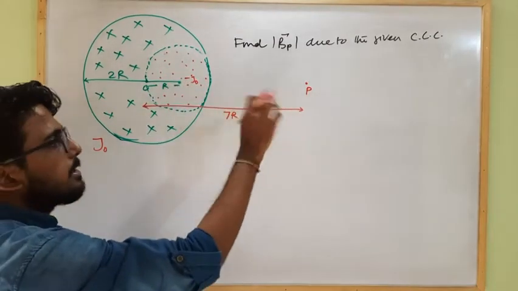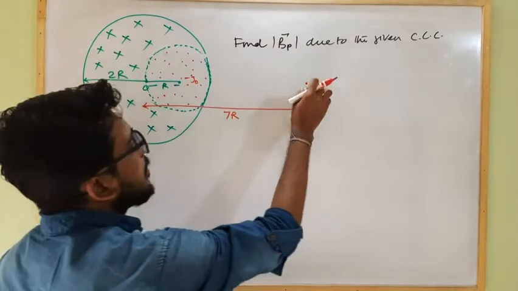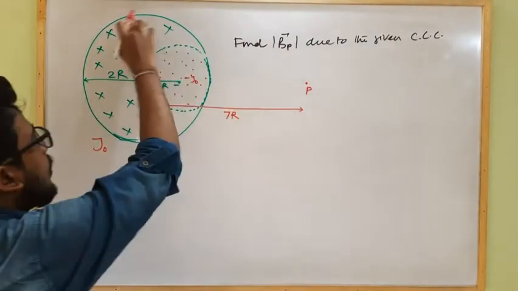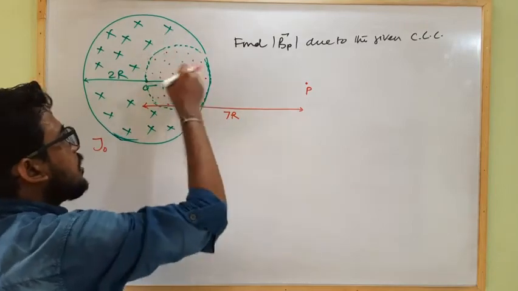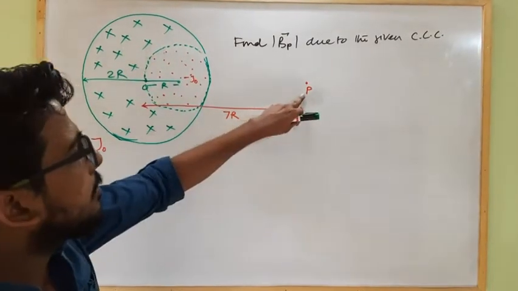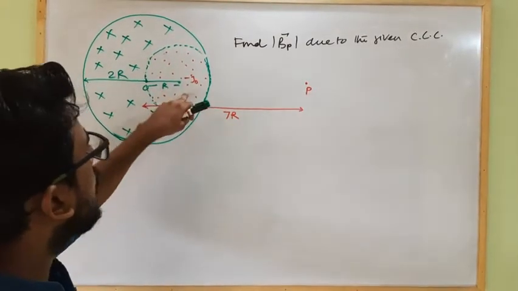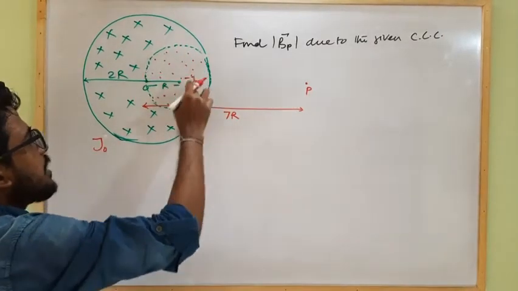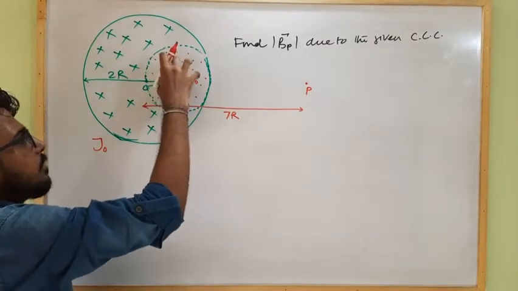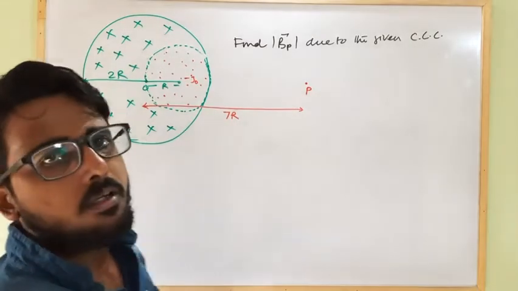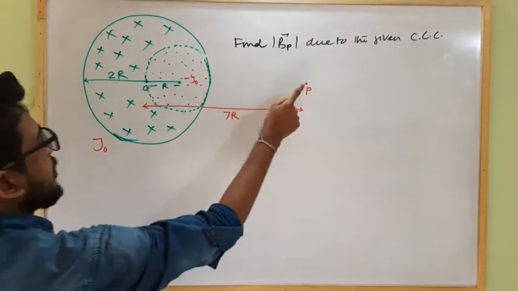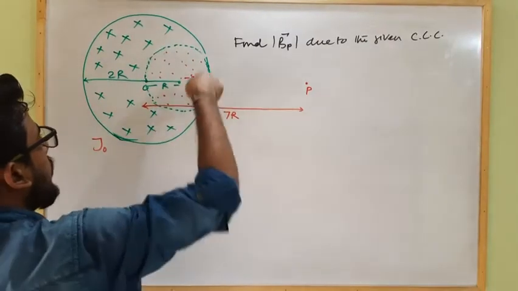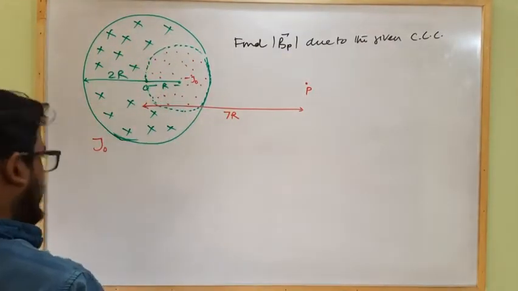Then subtract the magnetic field strength at point P due to the complete current carrying conductor and the magnetic field strength due to the small, imaginary current carrying conductor of the size of the cavity. Clear? So first of all we have to find the magnetic field strength at this point, assuming this is a complete current carrying conductor.